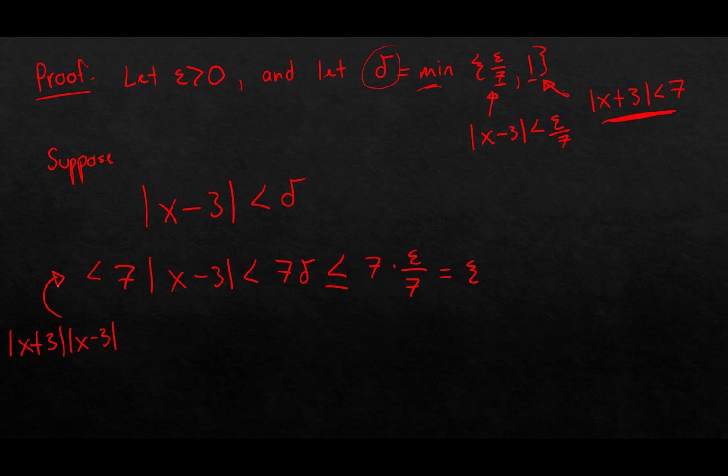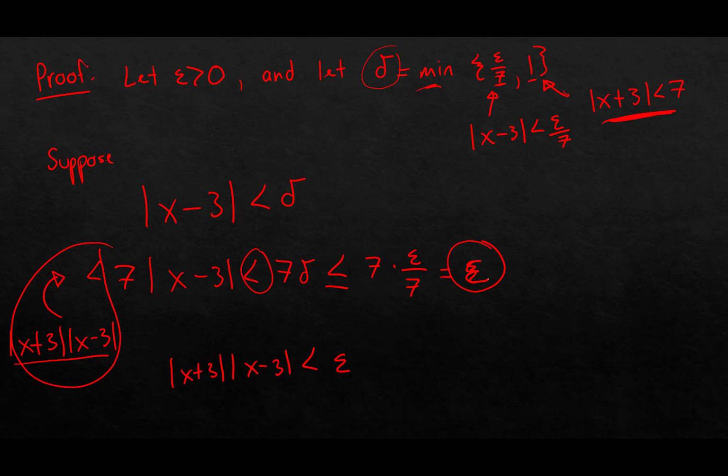So chopping this inequality a little bit, we have that the absolute value of x plus 3 times x minus 3 is less than epsilon. Sorry about that weird epsilon there.